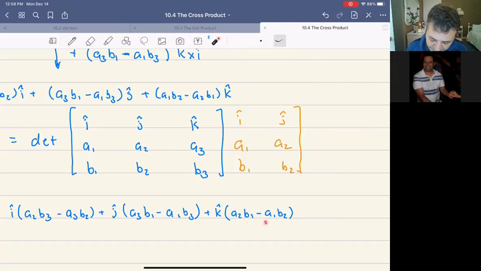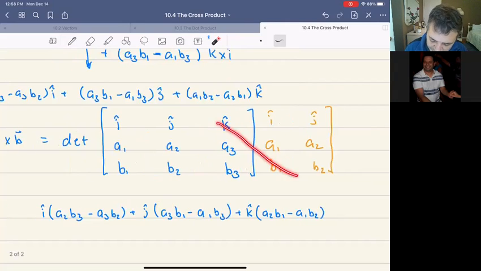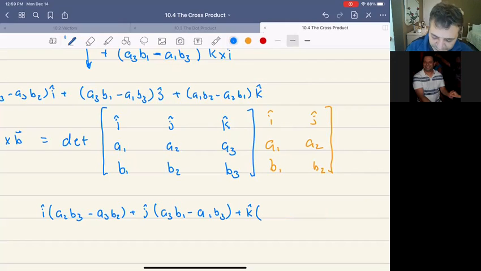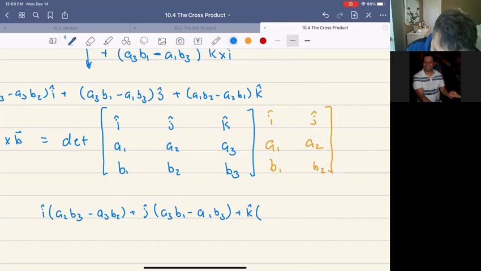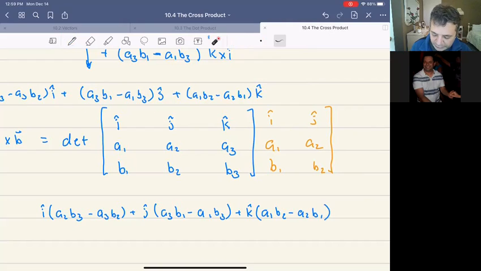This one, something went wrong. I know why, because it's supposed to be positive this way. Like I said, positive this way, negative this way. Oopsie daisy. Much better. 1, 2, 3, 2, 1, 3.